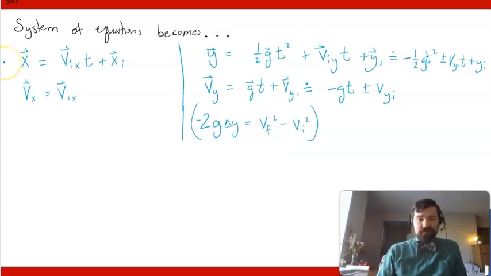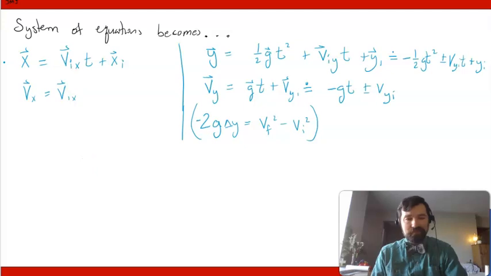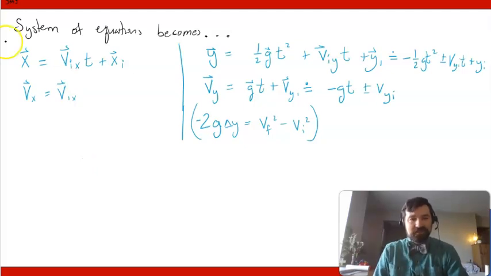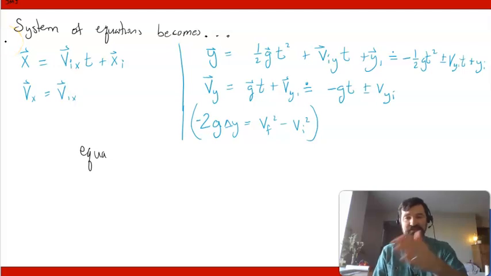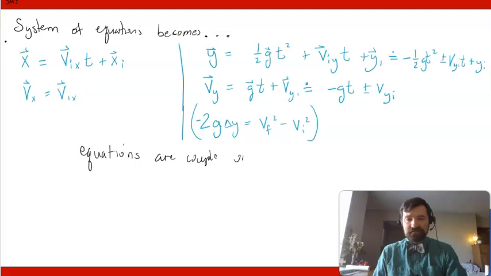What that basically means is that the time in the set of equations for x and the time in the set of equations for y mean the same thing. So these equations are coupled via the time parameter.